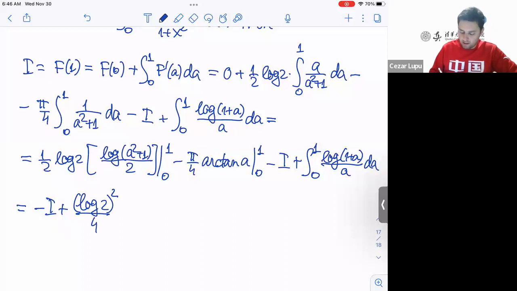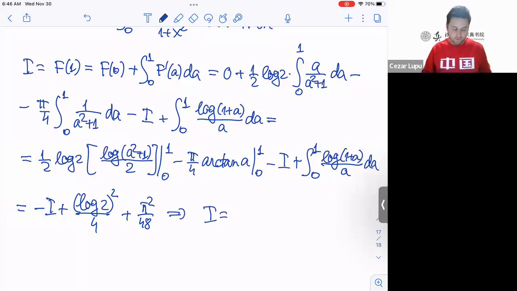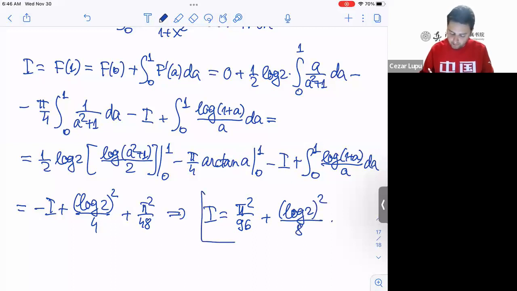And these two combined here, arctangent, pi squared over 6 and pi squared over 12, will give us plus pi squared over 48. Okay, I think. So this implies that I is finally pi squared over 96 plus, exactly what we wanted, ln of 2 squared over 8. And that's the final answer.